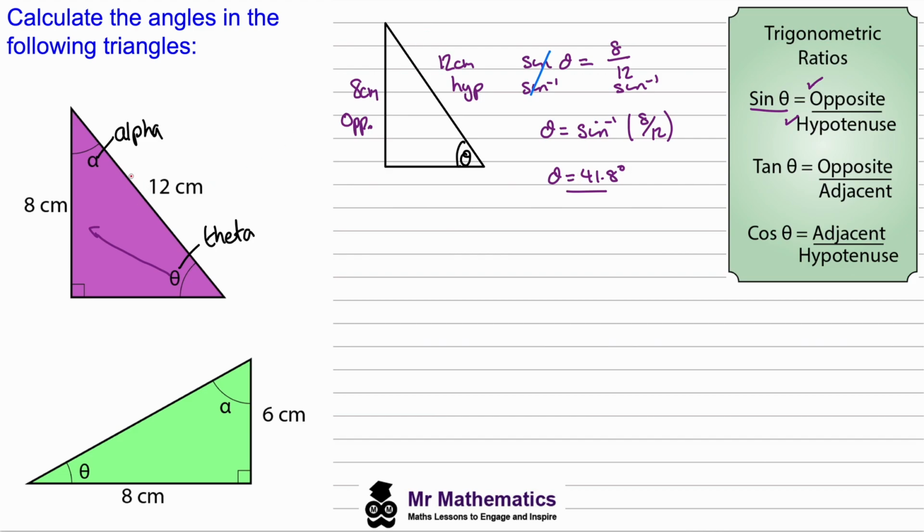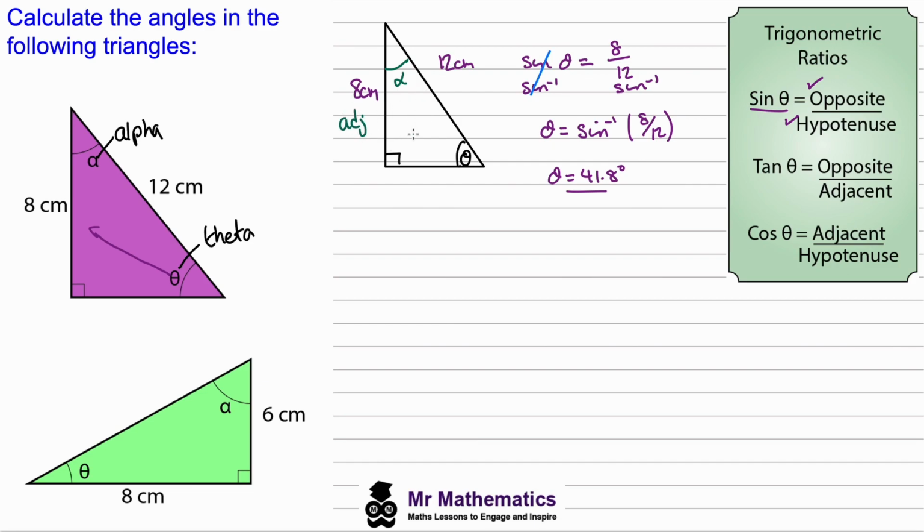Moving on, if we were to work out alpha, now we're trying to find alpha, we need to relabel the names of our sides. If I erase the opposite and this name, we can see that this 8 centimeter length runs adjacent between the angle we're trying to find, alpha, and this right angle. Then this length is called the adjacent.